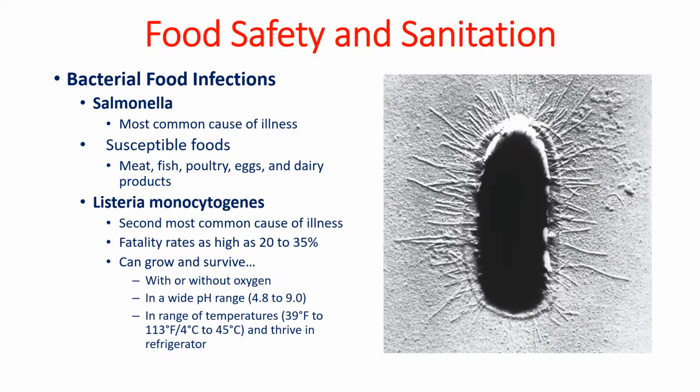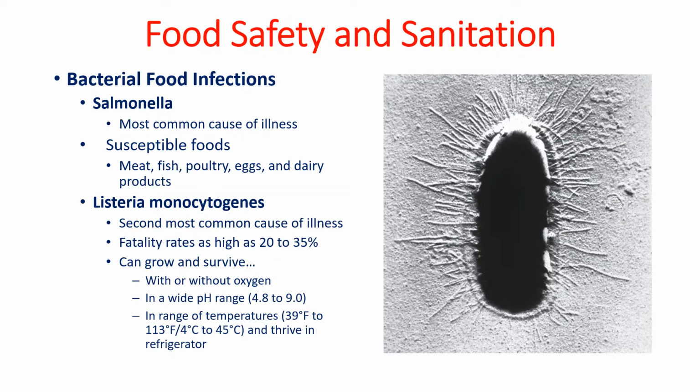All right, so I'm going to give you a few examples of the foodborne illness types that we've been talking about: the bacterial food infection, the food intoxication, and the toxin-mediated poisoning as well. So let's start with the bacterial food infections. If you remember, this is the one where the bacteria itself is what's making you sick.